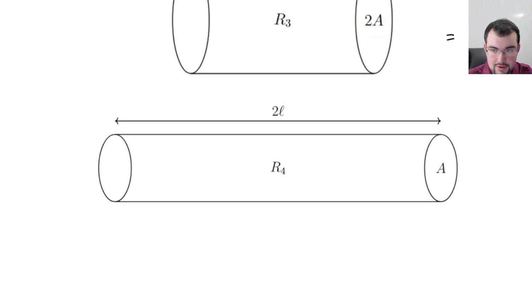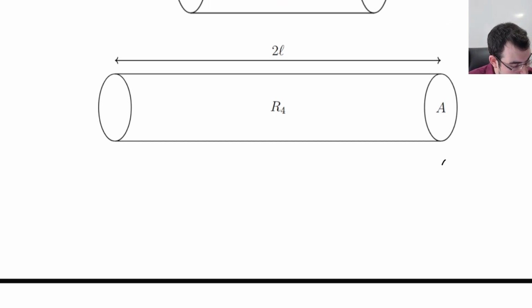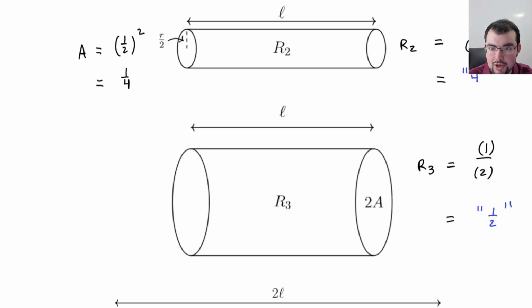And then finally, here, our length is 2, and our area is 1. So our representative resistance would be 2. Which makes sense, once again, because I've just doubled the length without changing the area, so I got my longer hallway.